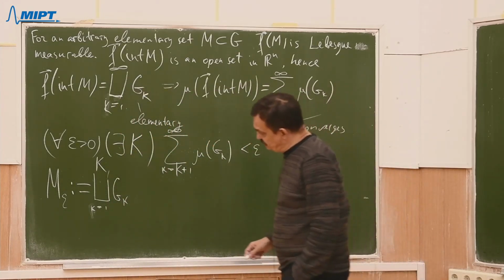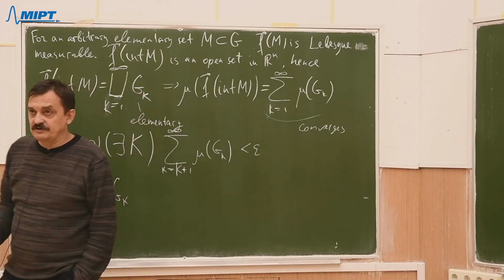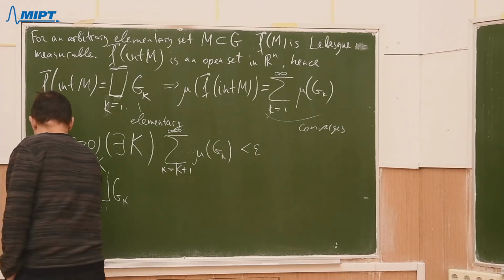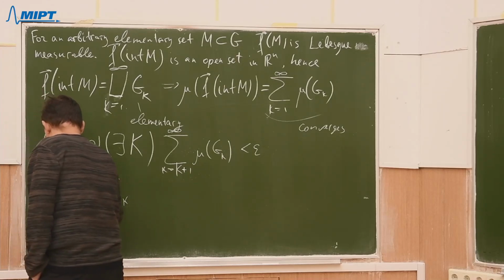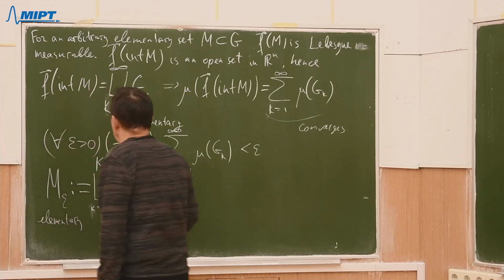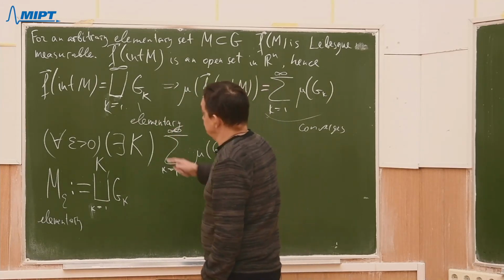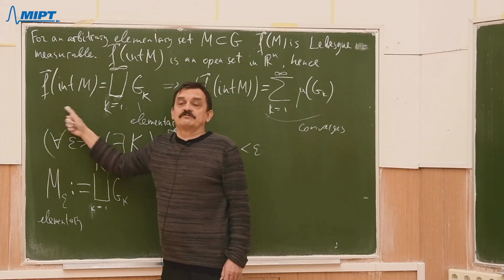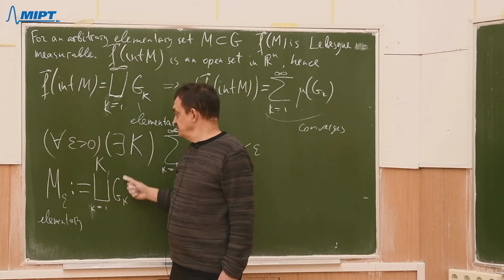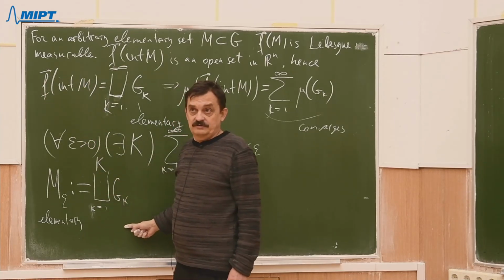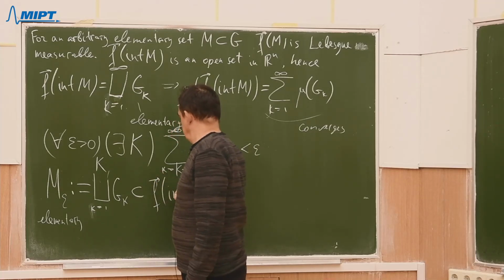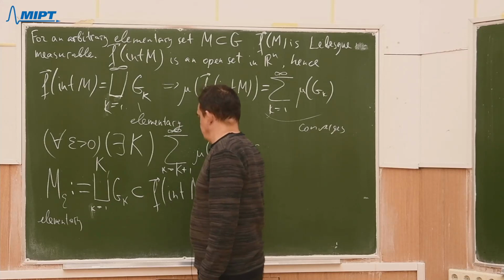That is an elementary set, because we have a union of finitely many elementary sets. And it is part of our image of the interior of M, right?